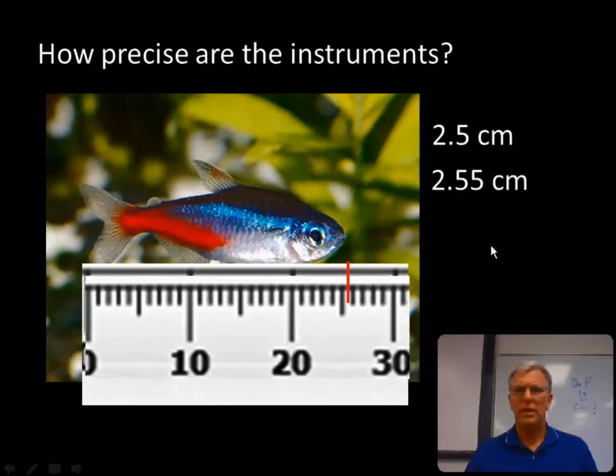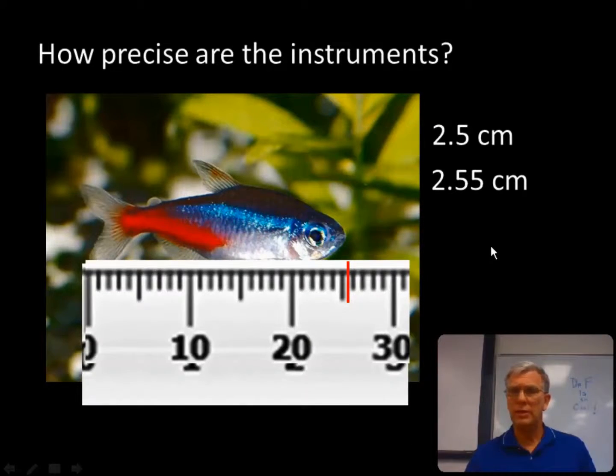If we had a ruler that was in millimeters, however, we could see that this fish is 2 centimeters, 0.1, 0.2, 0.3, 0.4, 0.5, maybe 2.55 centimeters. So you can see we can estimate with a little bit more precision with a millimeter ruler versus a centimeter ruler.